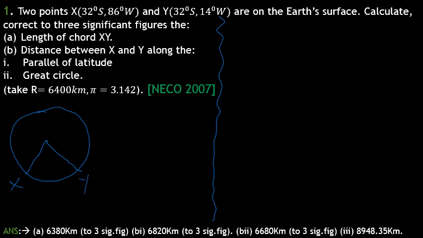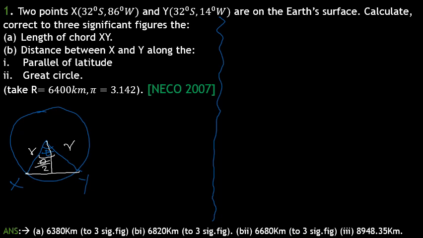Now the theta here, this is the length of the chord XY that we want to find. If I bisect this, the angle here will be theta over 2. Remember that this triangle is an isosceles triangle, so the two sides r are equal.